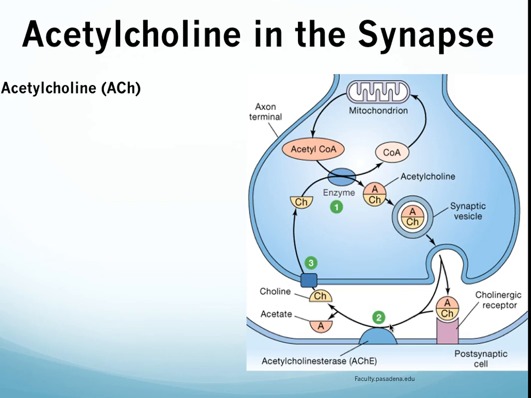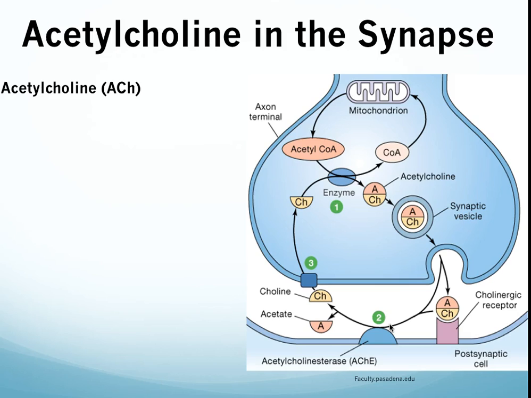In addition to its prominent role in the central nervous system, acetylcholine is the important neurotransmitter at neuromuscular junctions. So all of the muscles, everywhere where the motor neurons synapse with the muscles in your body, that signaling that allows those muscles to work is based upon the release of acetylcholine.